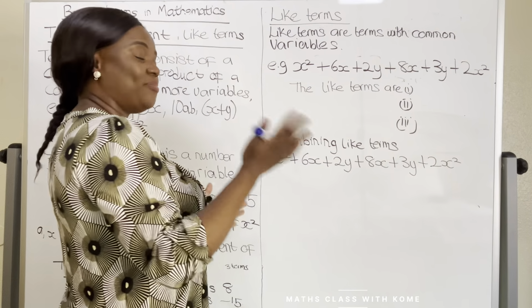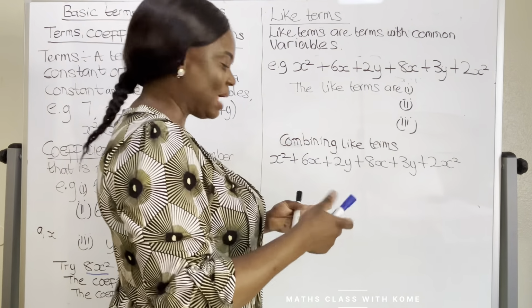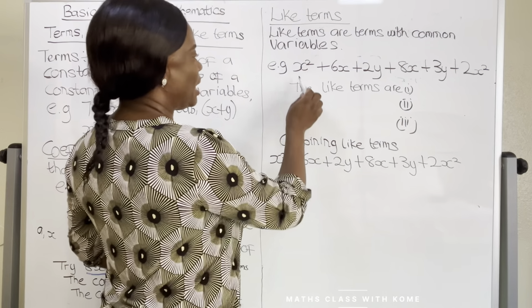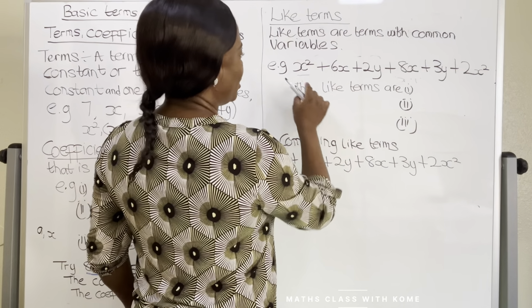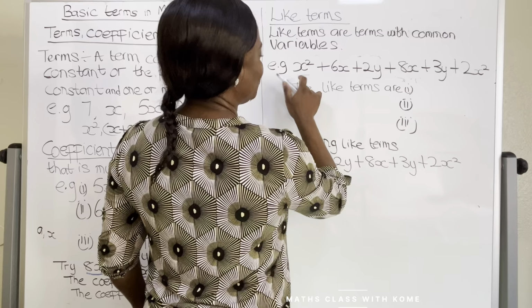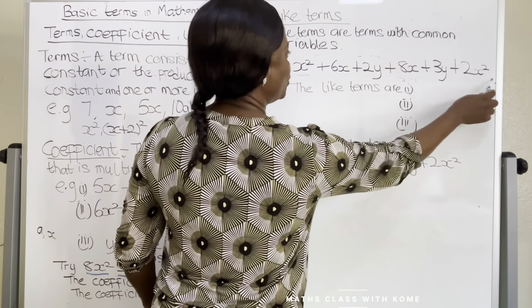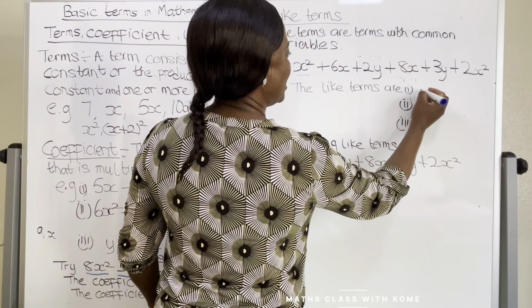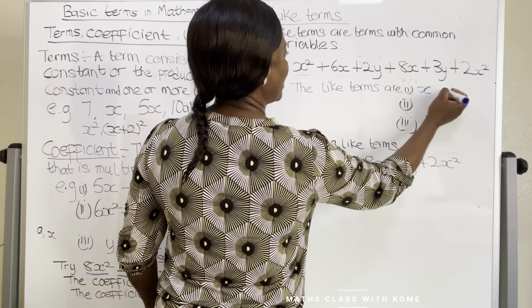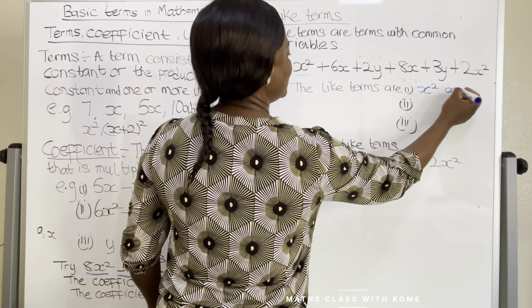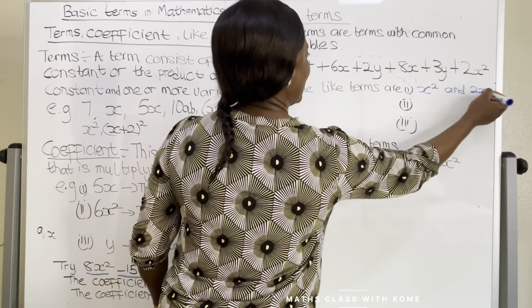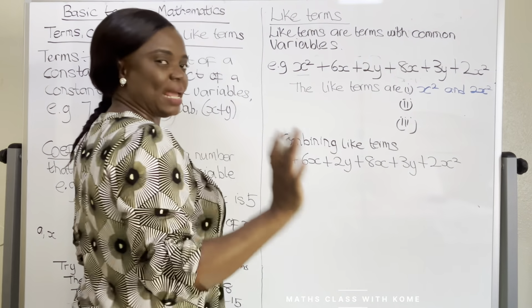Now let's identify the like terms. I will start with this x squared. The like terms here are x squared and 2x squared. This is a set of like terms.